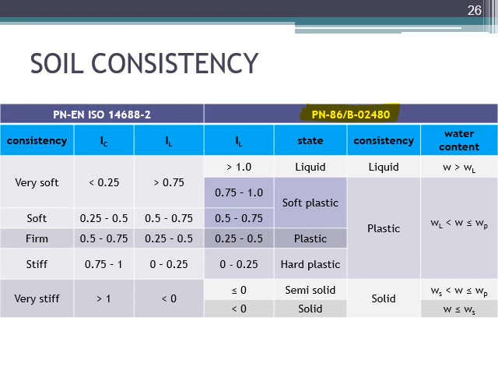Let's look then at this part of the table. So, what can we read from this table? If the water content of the soil is higher than the liquid limit, then the soil is in the liquid consistency and liquid state.